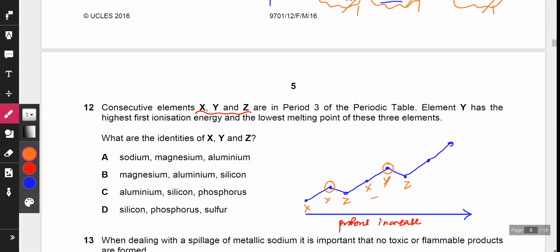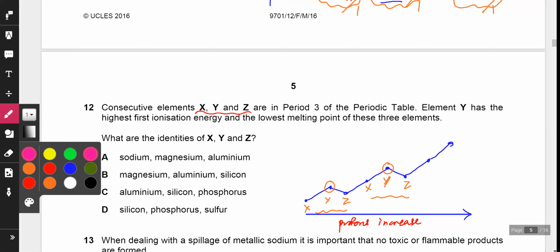So you have two candidates. He's saying they're in period three, and the middle one has the highest ionization energy, but at the same time, it has the lowest melting point. So on top of this, I'm going to sketch the melting point across period three.